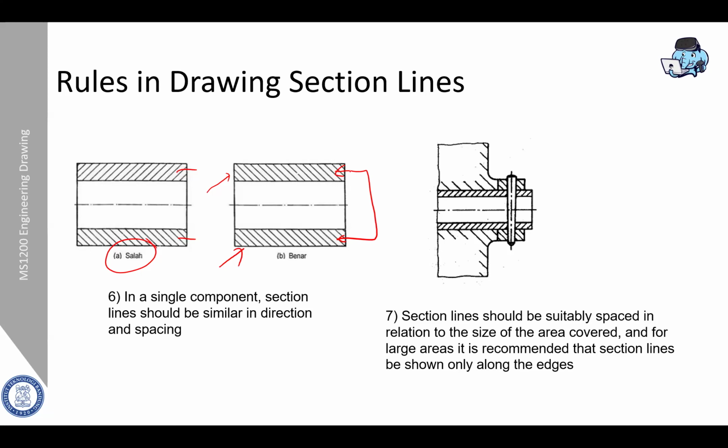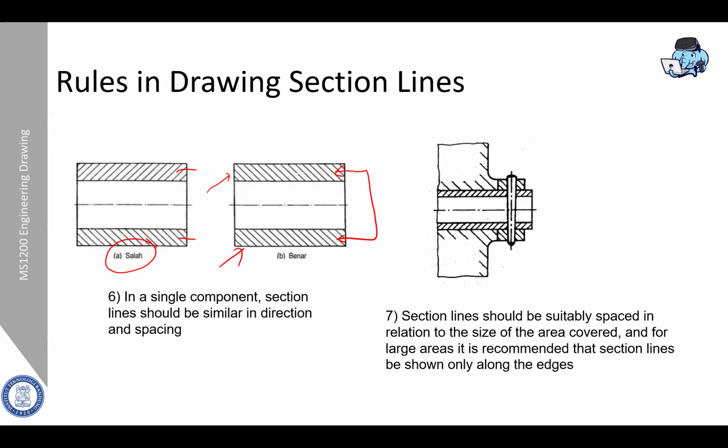Then number 7. Okay, section lines should be suitably spaced in relation to the size of the area covered. And for large areas, it is recommended that section lines be shown only along the edges. So if, for example, the component is quite large, we do not need to draw section lines covering all the area.